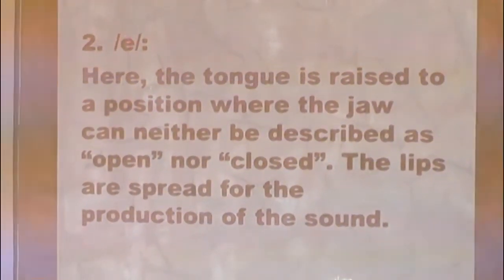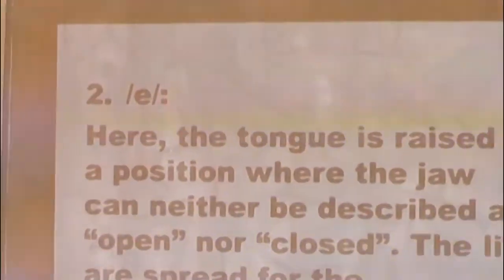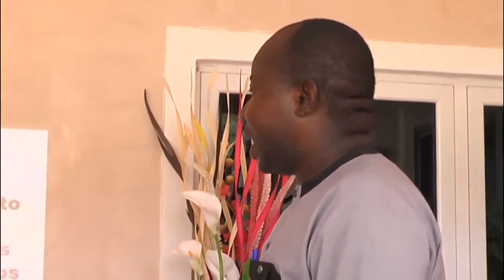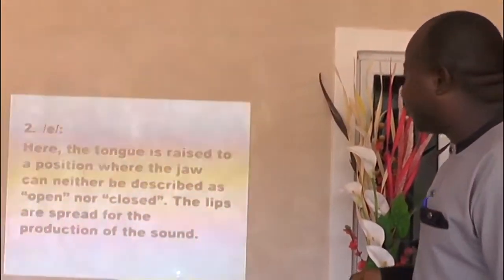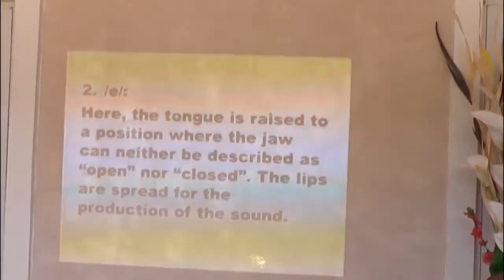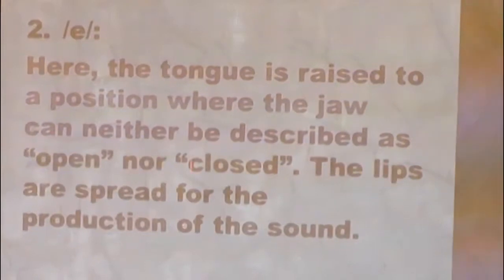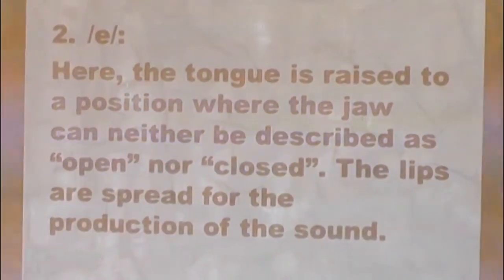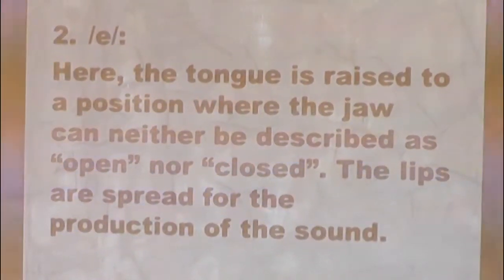This is /e/. Repeat after me. Here, as I have told you that 3 different articulators are important, the tongue is raised to a position where the jaw can neither be described as open nor closed.